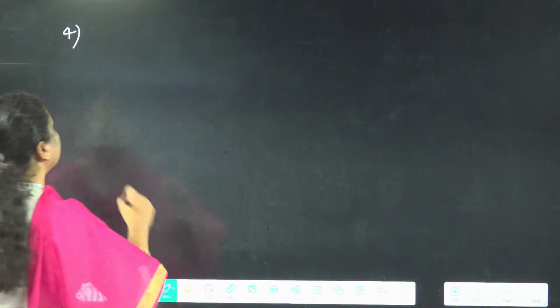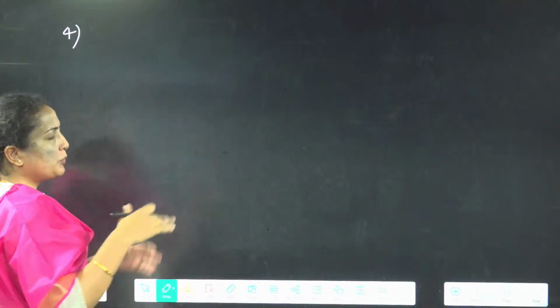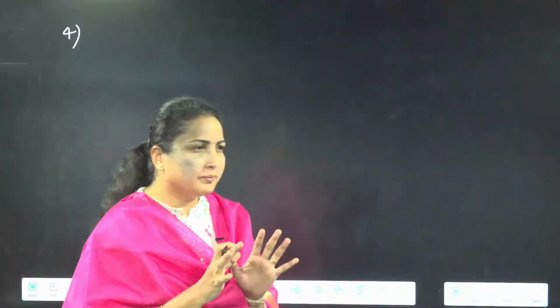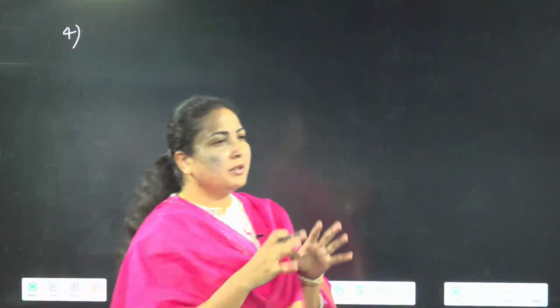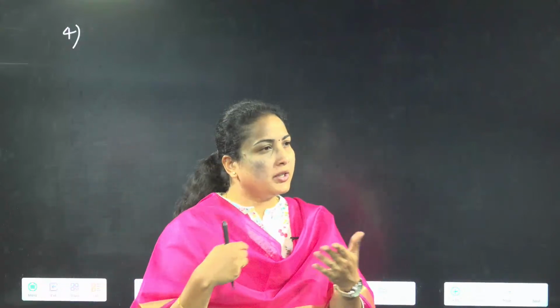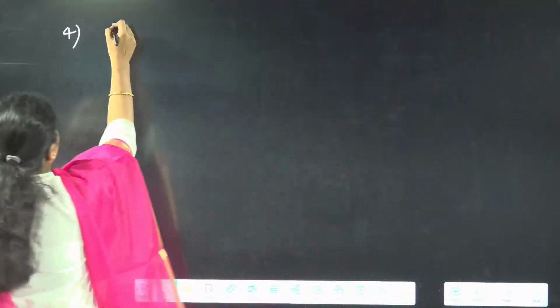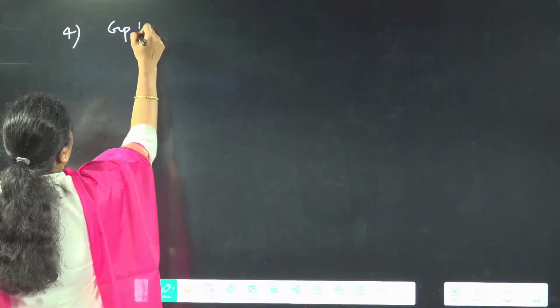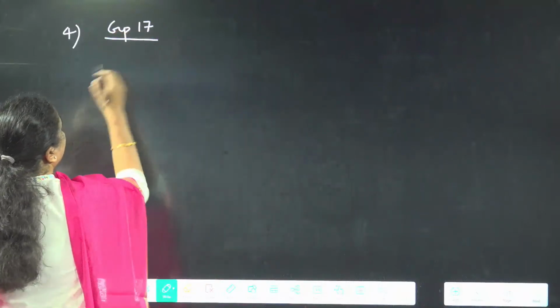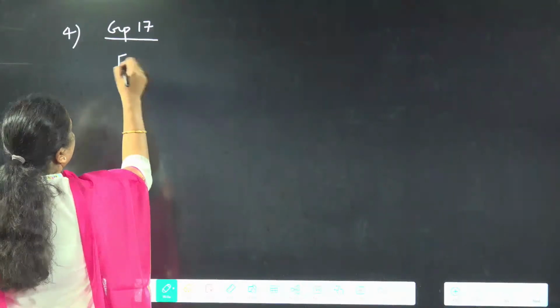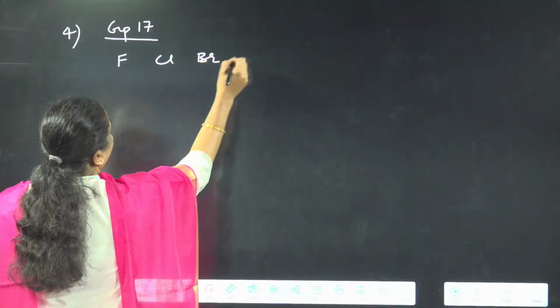Now next, there are a few important orders when it comes to the groups where it is a little bit regular, because electron affinity is totally based on the data, and I already told you this is one such property having too much irregularity. Suppose I am talking about group 17: fluorine, chlorine, bromine and iodine.